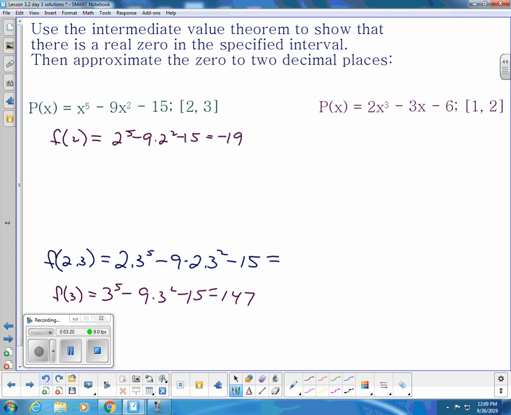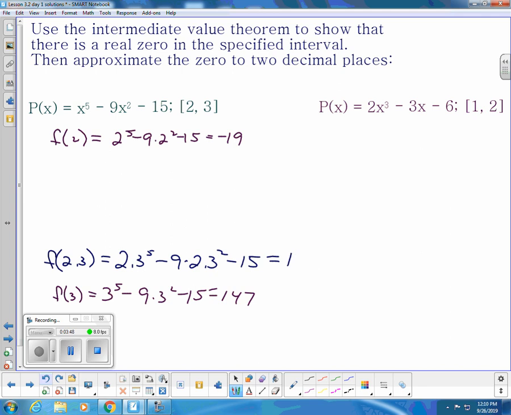Yes, ma'am? Okay, so we said f of 2 is negative 19. F of 3 is 147. So negative 19 is closer to 0. So we are just saying, let's pick a number that's closer to 2 than 3. So I'm just throwing it out there. 2.3, okay? So 2.3 to the 5th minus 9 times 2.3 squared minus 15.